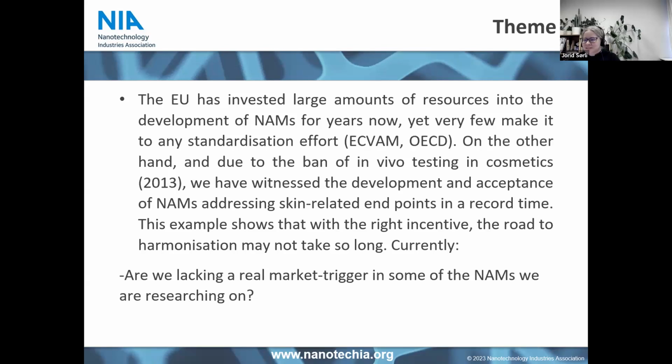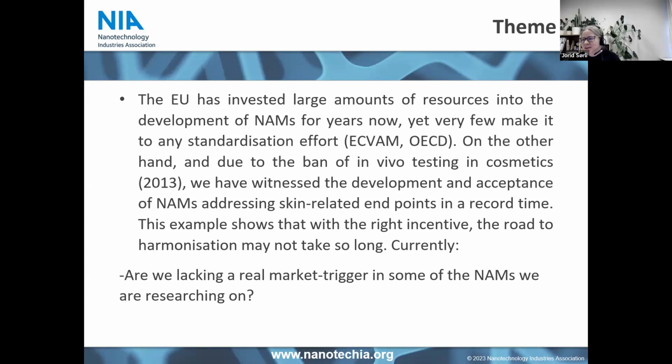Since I'm most familiar with the lungs, I think the skin probably was a lot easier. We have the driver to create NAMs for the lungs and for inhalation toxicity, but we have such enormous complexity.